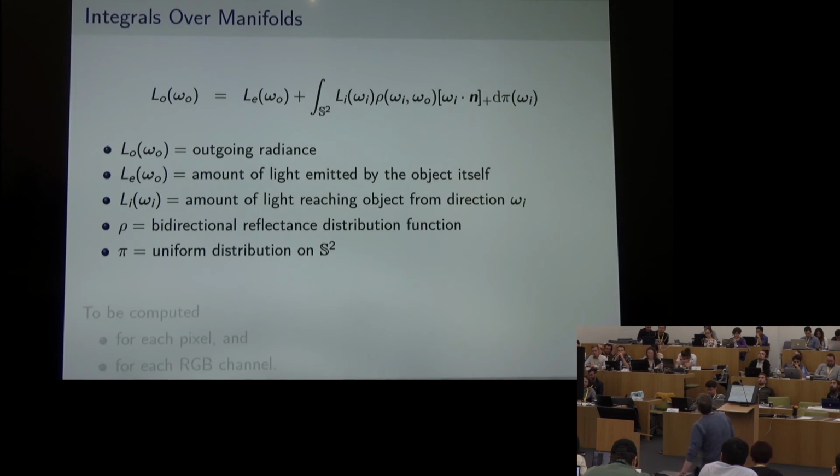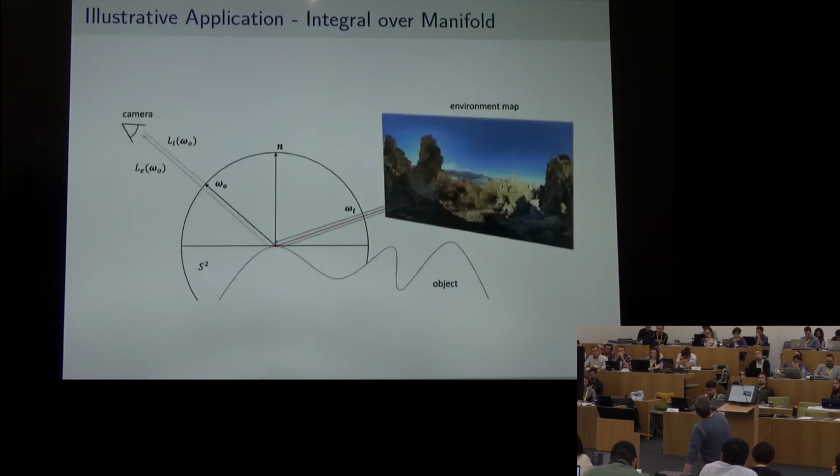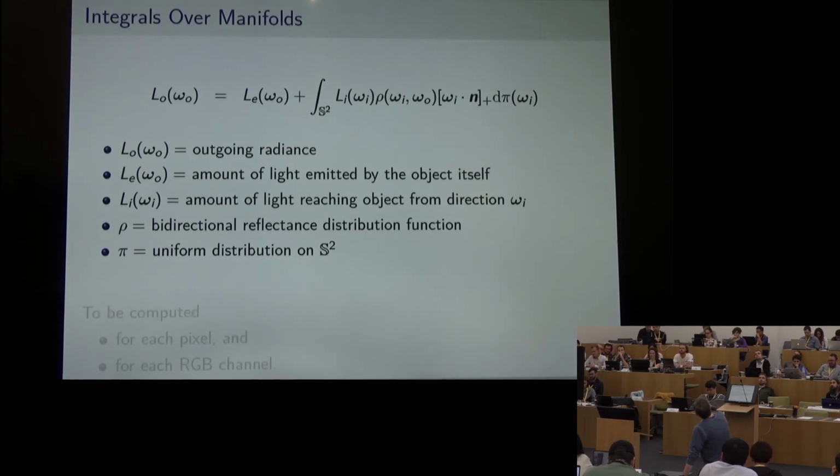What's important is that for every pixel in the image, we've got three integrals that we need to compute, okay? Based on the outgoing radiance, the amount of light that's emitted, the amount of light that actually reaches the object that we want to embed, and so on.